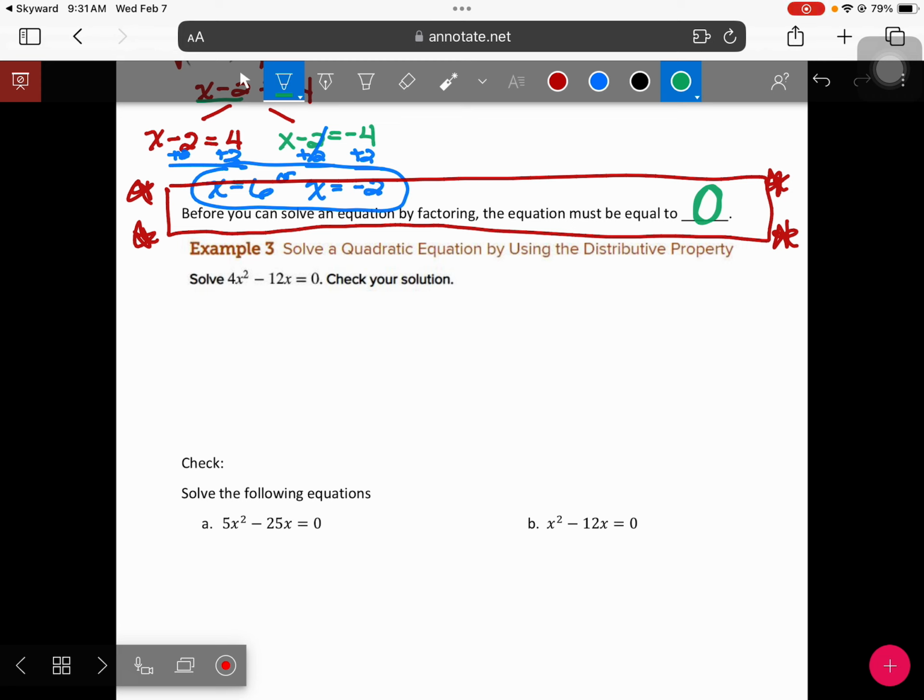All right, so again, we're back to factoring with quadratics. We have 4x squared minus 12x equals 0. We are solving by factoring or using the reverse distributive property. I call it the reverse distributive property.